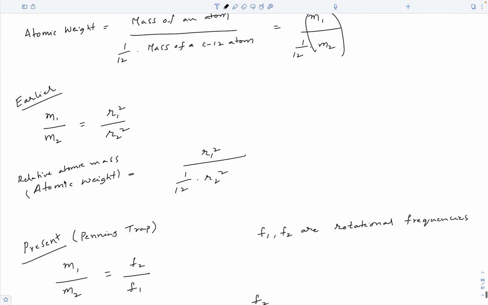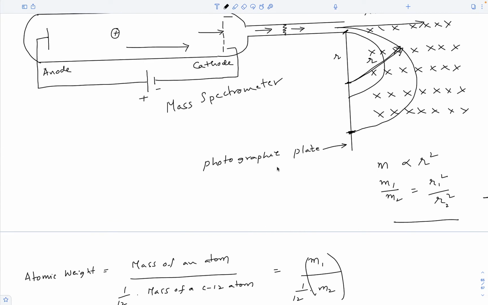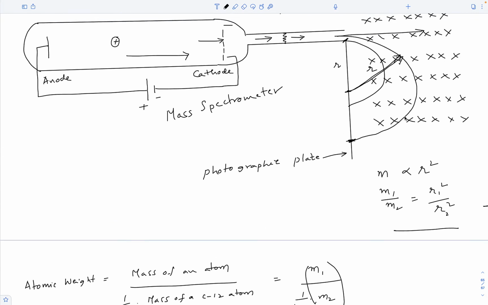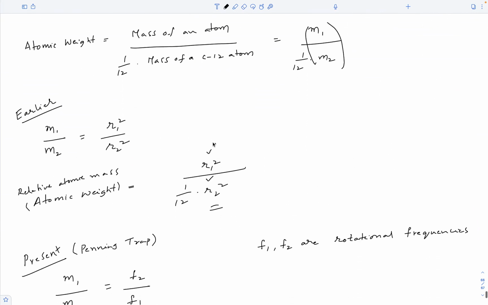So atomic weight or relative atomic mass will be equal to R1 squared over 1/12 of R2 squared. And we can measure R1 and R2 in the mass spectrometer. So we know the value of this term on the right hand side. So we know the atomic weight or relative atomic mass of an element.